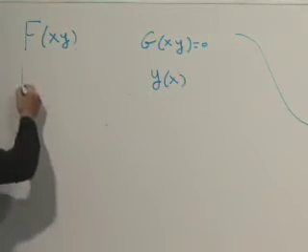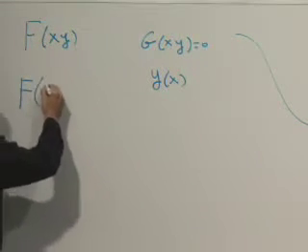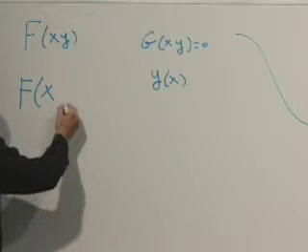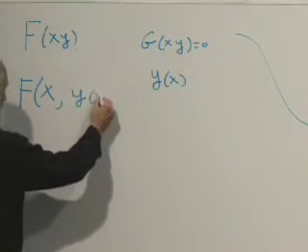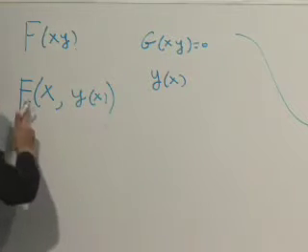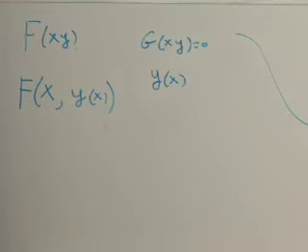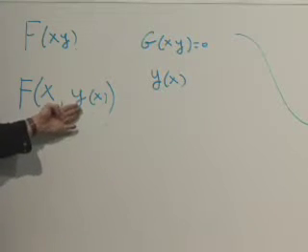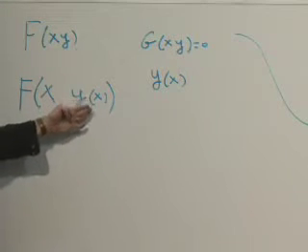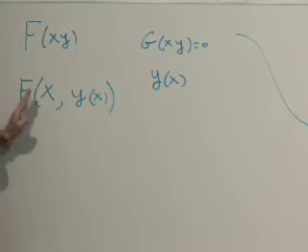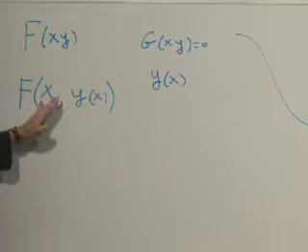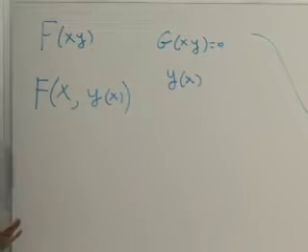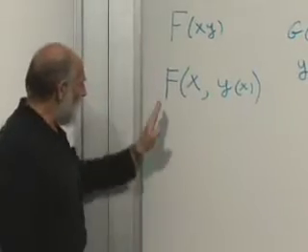What we're really trying to minimize is f of x and y of x. This is now a function of a single variable. It's only a function of x because y is now a definite function of x. F of x and y becomes f of x and y of x. Okay. Next step. What's the next step?